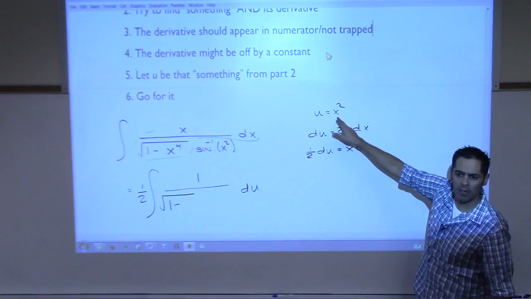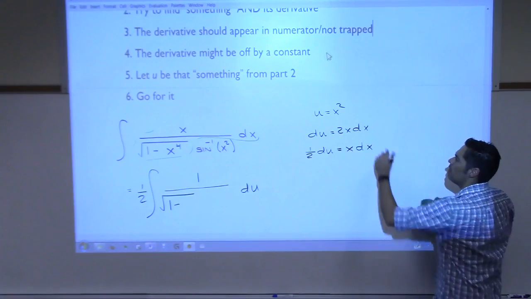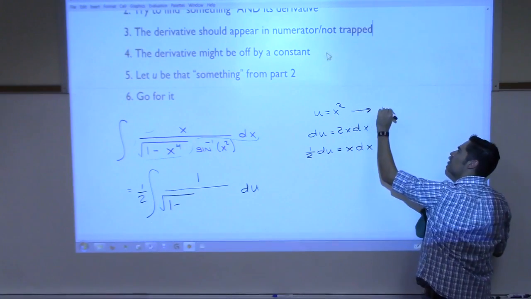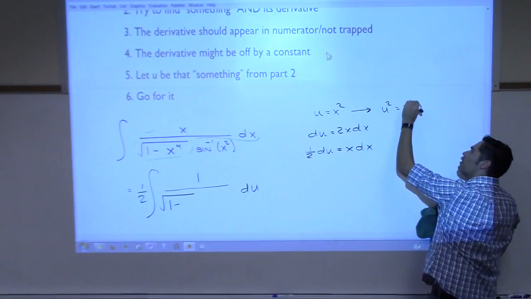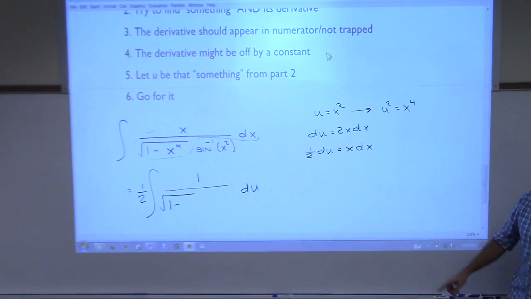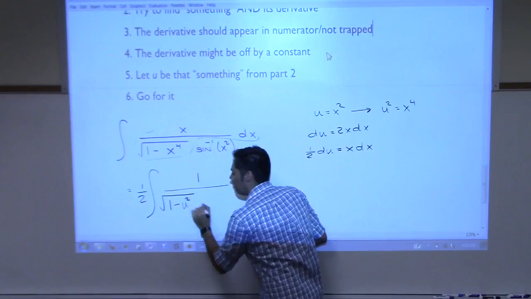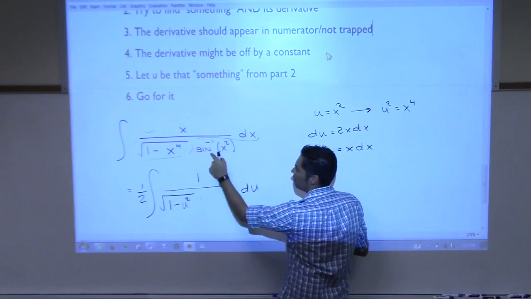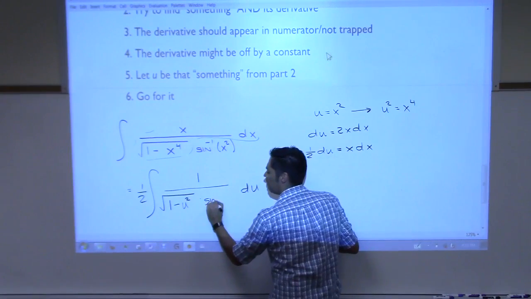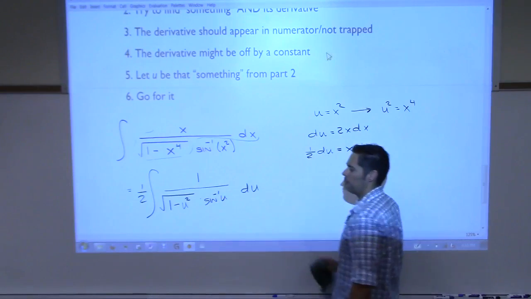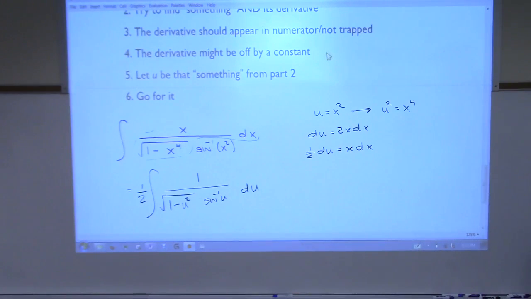So go up here and look at this. If I square both sides, I get u squared as x to the 4th, don't I? So I can replace x squared with u squared. And then this piece right here is now arc sine of u. I've rewritten the problem. Do y'all see all that rewriting of it?